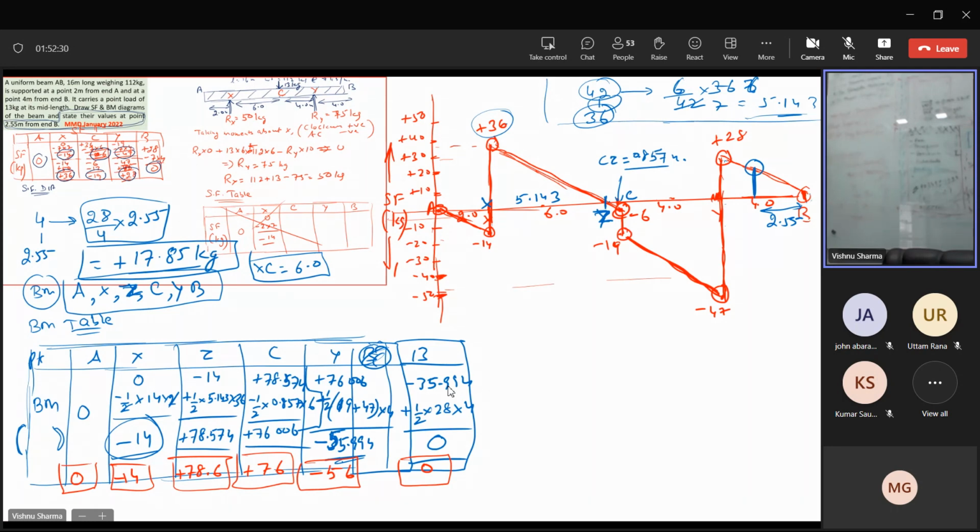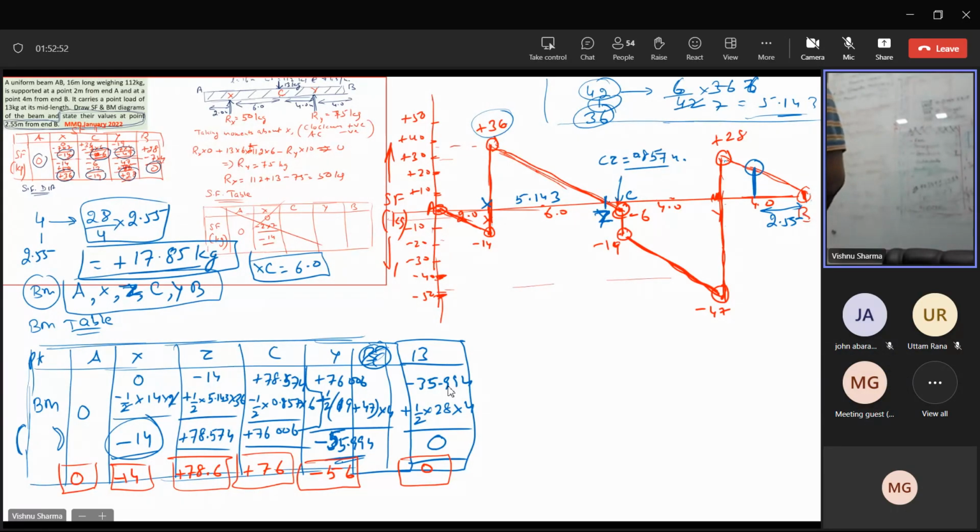Okay, anybody still making the table, completing the table, please speak out. I'll wait for you. Let me know as soon as done. Yes, sir, this ZC, it's not making a proper triangle.